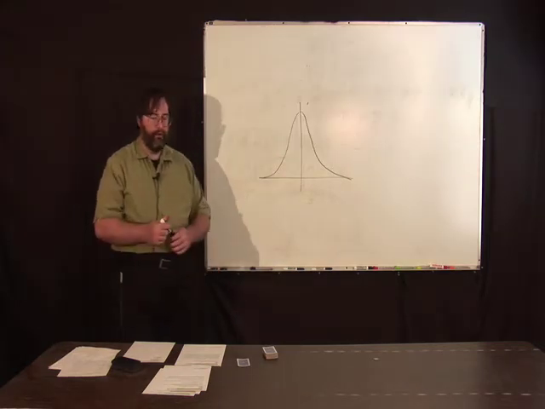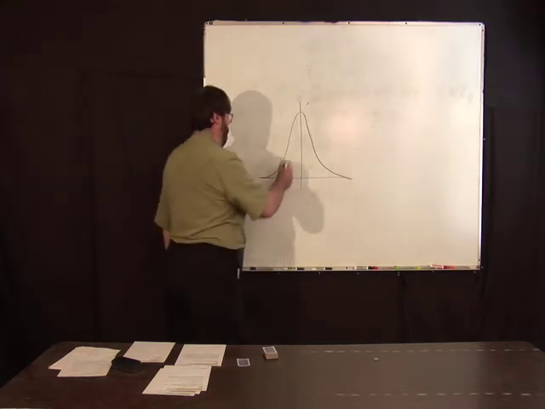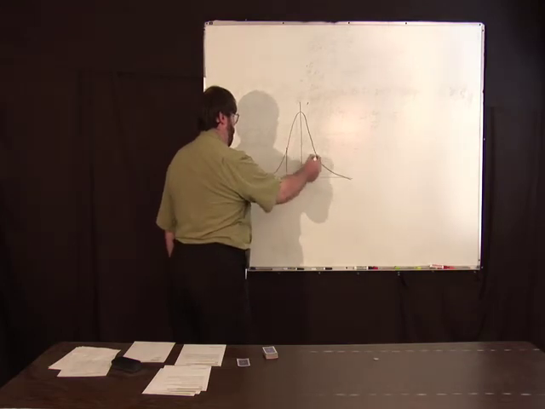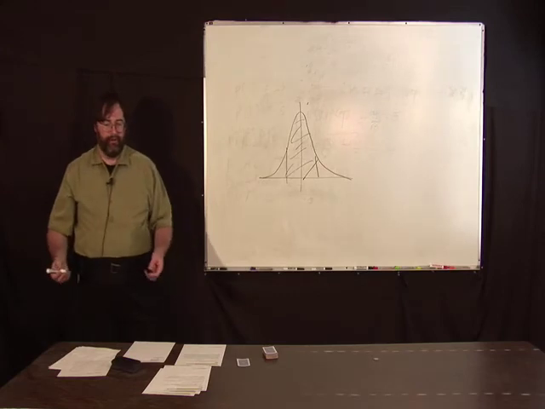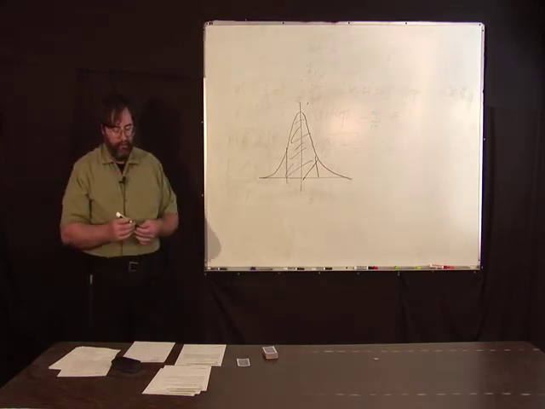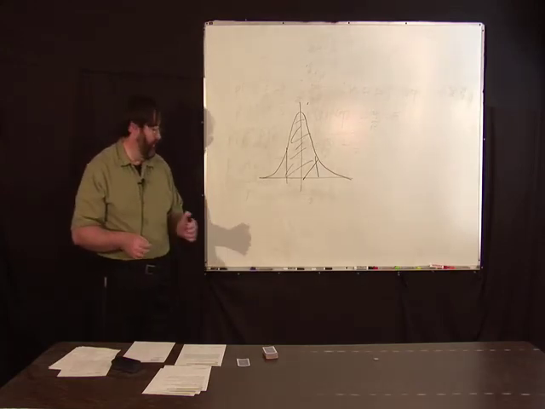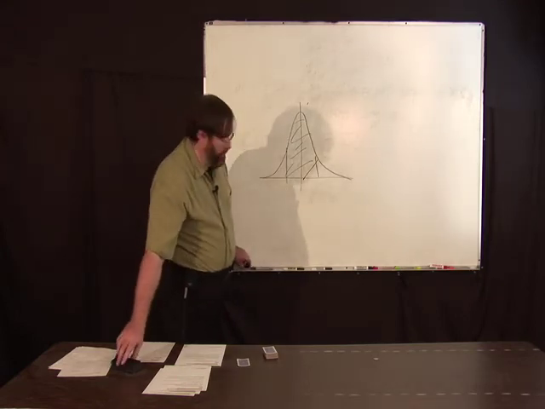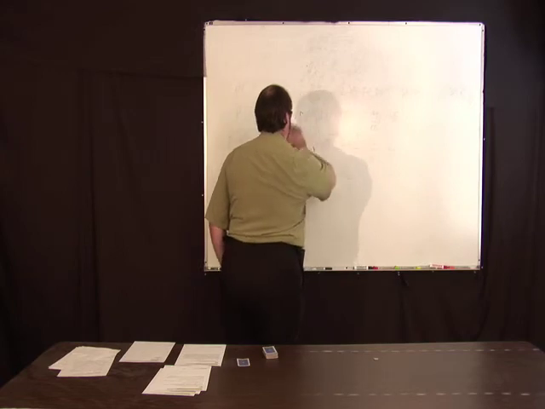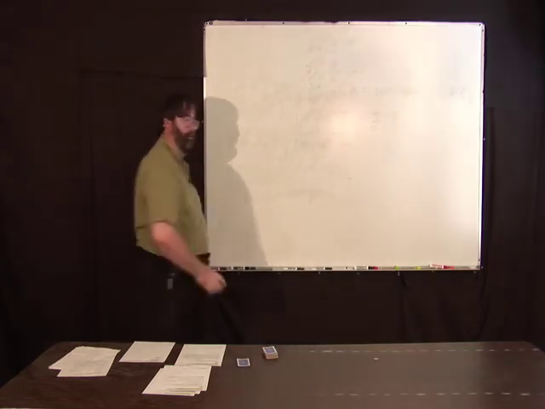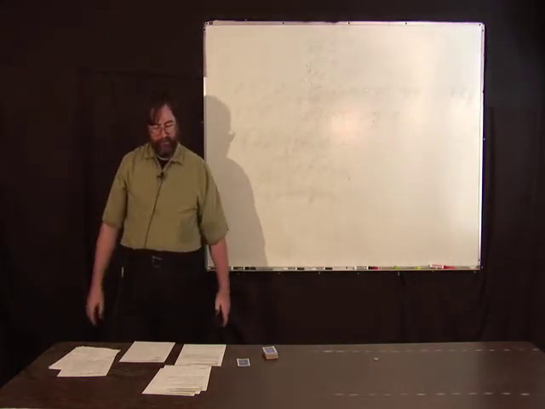In a normal curve, the areas represent probabilities, and as we said last time, 1 sigma is 68%, 2 sigma is 95%, 3 sigma is 99.7%. That was just a little reminder and a formal definition of what that is.